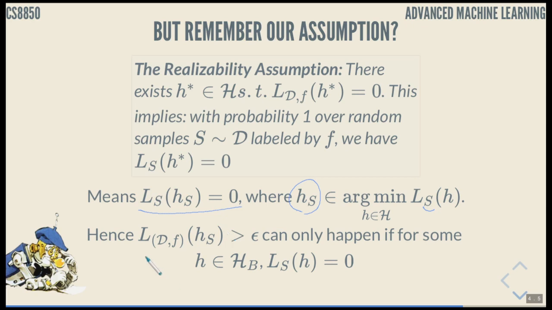and the true loss can only be bad, more than our tolerance, if the hypothesis is bad, because if the H belongs to the set of bad hypotheses it returned 0, or it resulted in 0. Yeah, because with zero empirical loss, it produces unacceptable true loss.